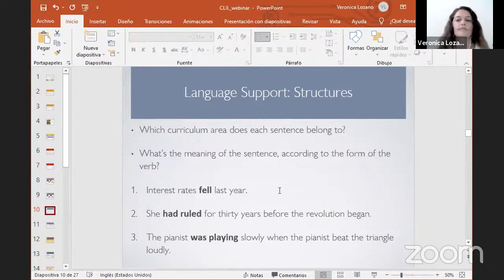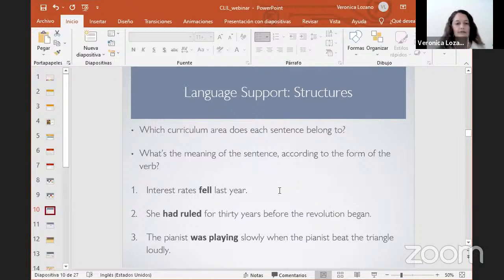Then here's another guessing activity for you. Another way to provide language support when we're working with CLIL would be to look at structures, or what we usually know as grammar, right? So we have 3 sentences and then 2 activities.